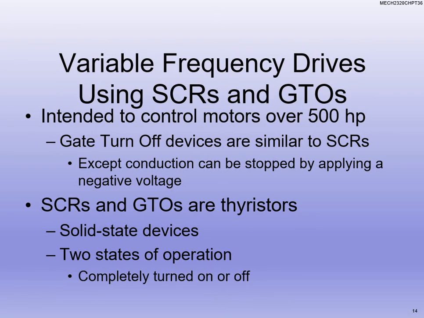What a thyristor is, it's a transistor, but it can't be saturated. It's just a more powerful type of transistor where it is literally on or off. There's no saturation going on, so there's much more improvement there. We can control the switching, and we can have those two states of operation. That's really what we're looking for. So this is kind of how VFDs have developed over time.